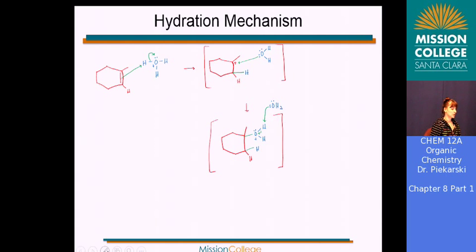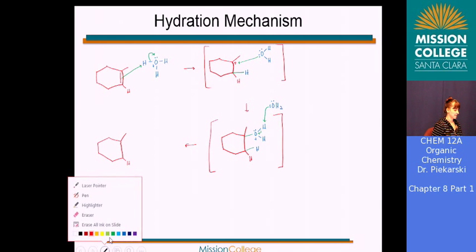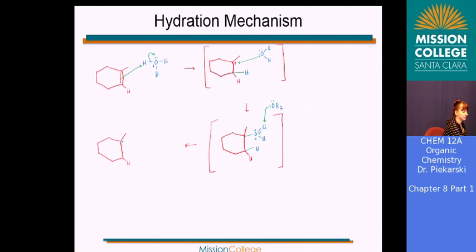And now let's draw the products. We have an OH. And what else do we make? The hydronium ion.